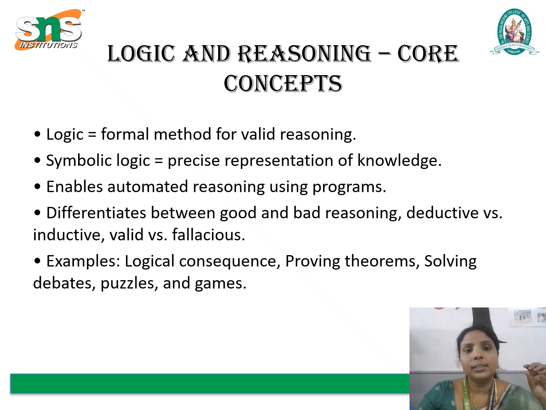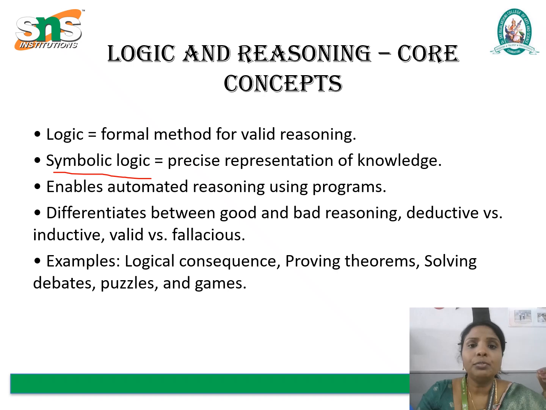The core concepts: logic is a formal method used for reasoning in a structured and valid way. It helps a machine determine what conclusions can be correctly drawn from given information. In artificial intelligence, we use a type of logic called symbolic logic, which allows knowledge to be represented clearly and precisely using symbols.